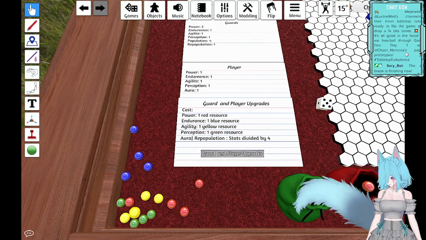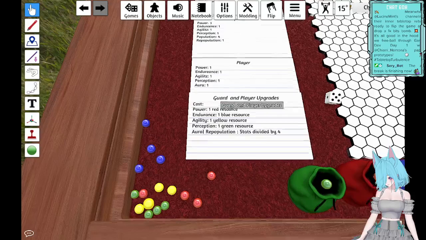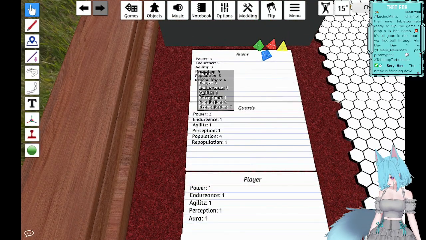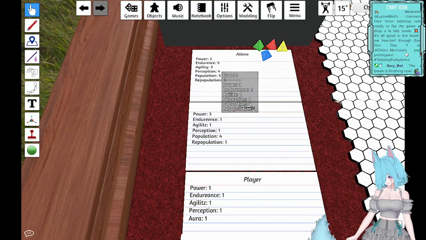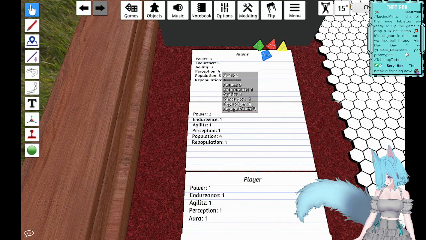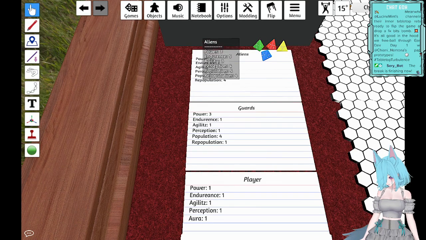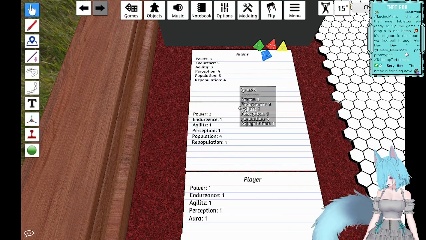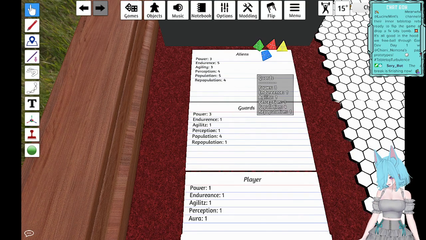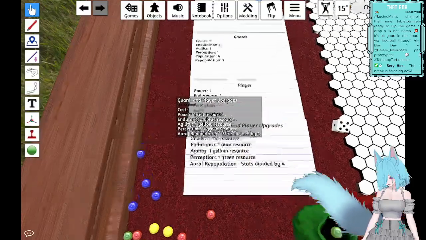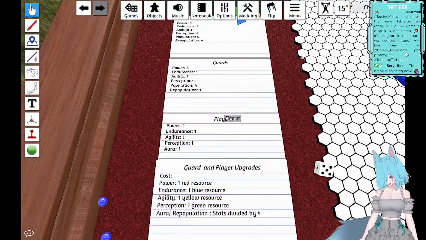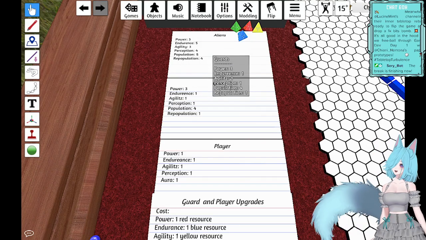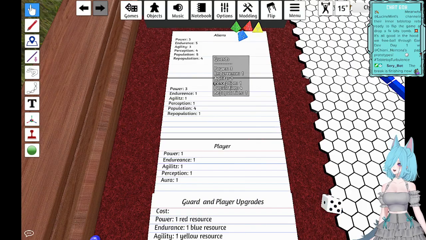What do we do? I say we do, I do say we invest. Also, I just noticed a typo here. We invest all of it into agility. This is going to make the guards very, very fast.